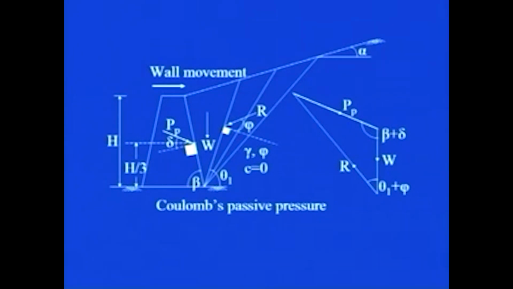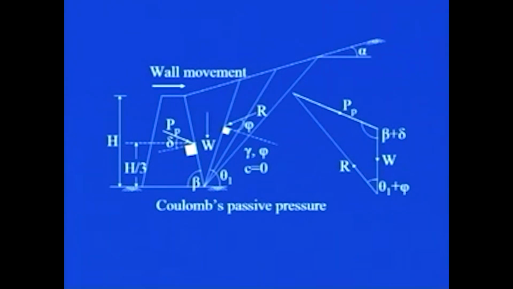However, we are not sure whether the failure is taking place along this trial wedge or maybe along some other trial wedge. So, for that you need to conduct many trials in this case. So, you have to assume another trial wedge, get the weight of that, then draw the force diagram, follow all the steps as explained to you, and then you can find out the passive force for that particular trial wedge.